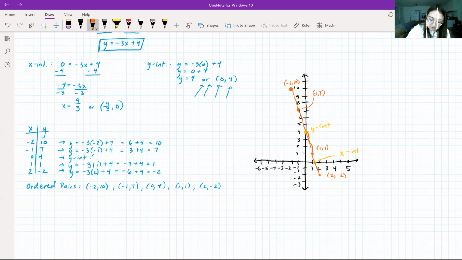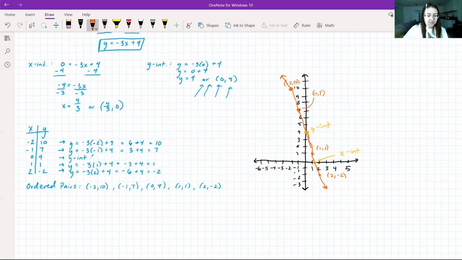And then we want to draw our arrows to signify that this graph will be going on infinitely in either direction. So now what we have here with this graph is a picture of all the solutions of our equation.